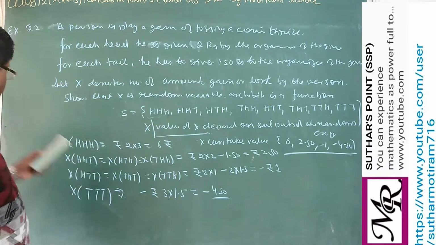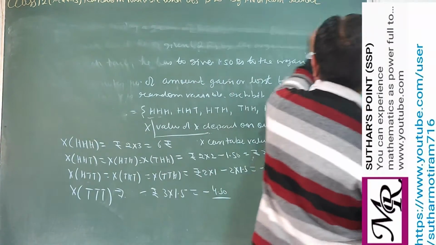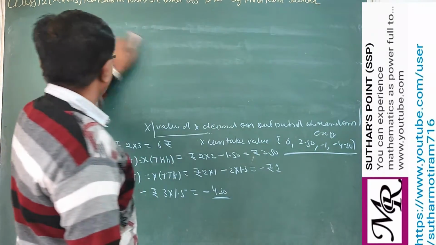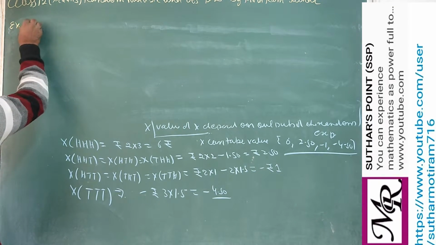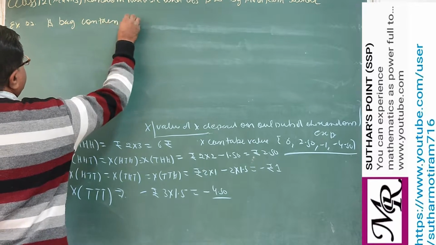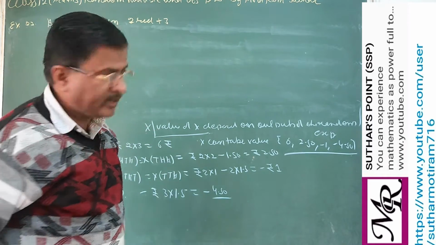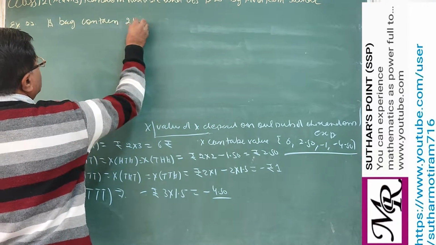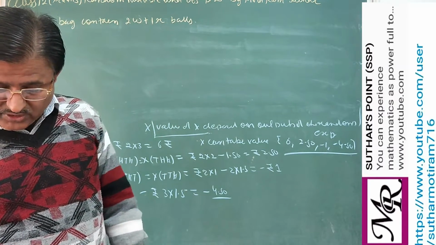Similarly, one more example is there that we have to discuss. That example you write down. 23rd, a bag contains two white and 1 red ball.